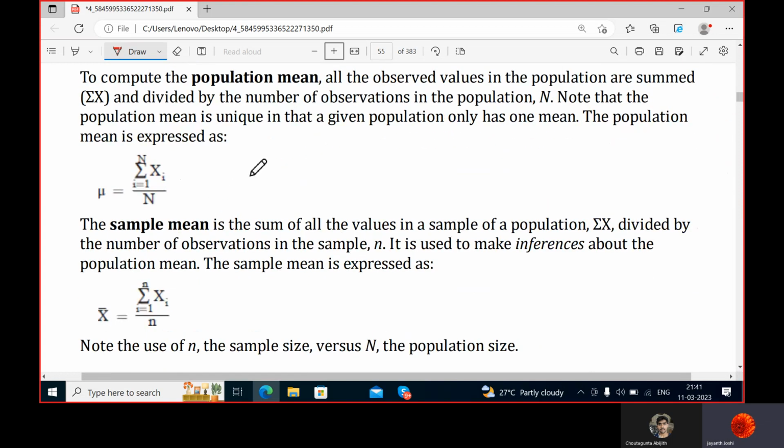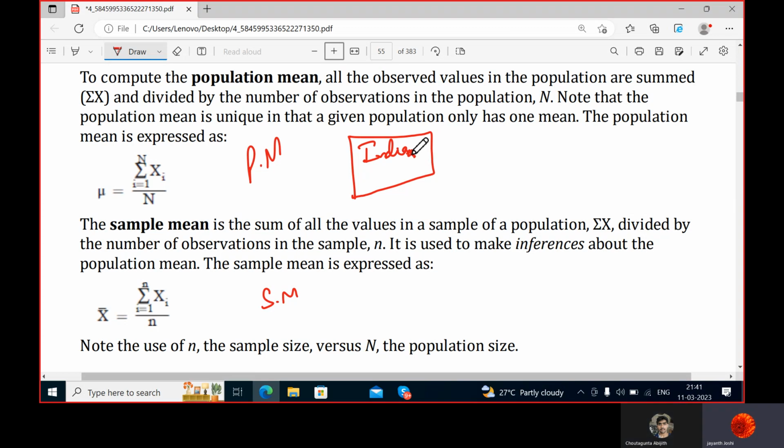There are two things here: population mean and sample mean. Population, if I take the entire India, the country, that can be a population. If I want to find the average of something, I have to take data.